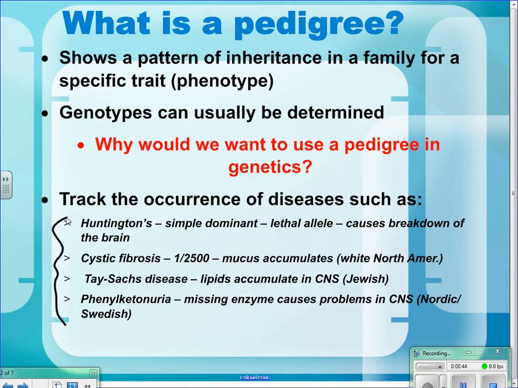Some of these are genetic diseases that would be dominant, like Huntington's disease, and a lot of them are recessive. But with any disease, it's very important to know whether you have the possibility of transmitting that disease to your offspring, or whether you have the possibility of developing that disease later on. And a pedigree is a very useful tool to do that.